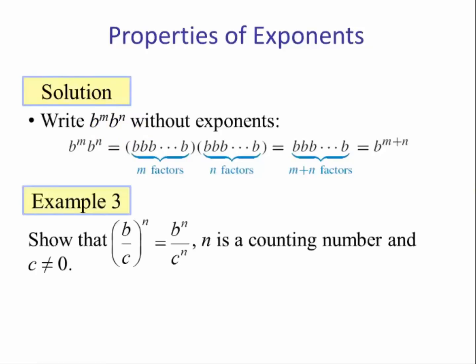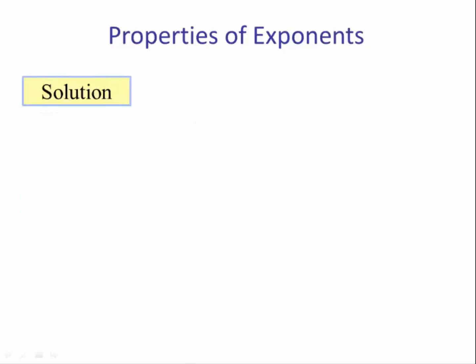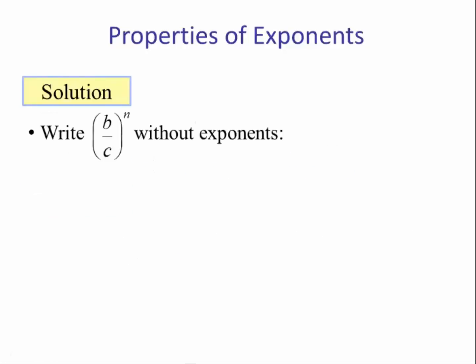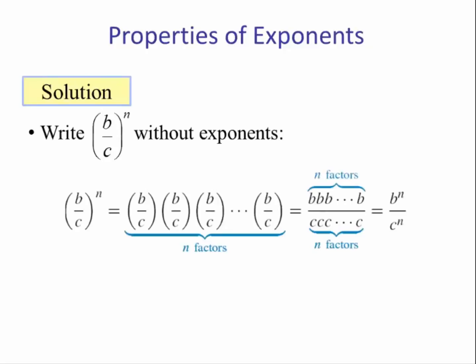Example 3, show that b divided by c raised to the n power is equal to b to the nth divided by c to the nth, where n is a counting number and c does not equal 0. We can't divide by 0, that's undefined. Solution. Again, we start by taking the expression and writing it without exponents.